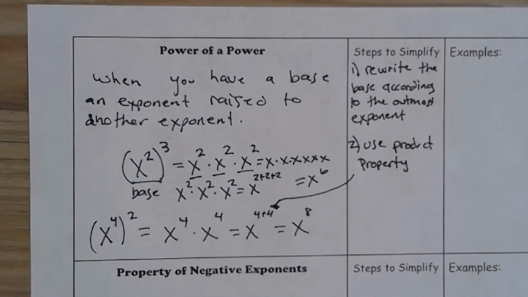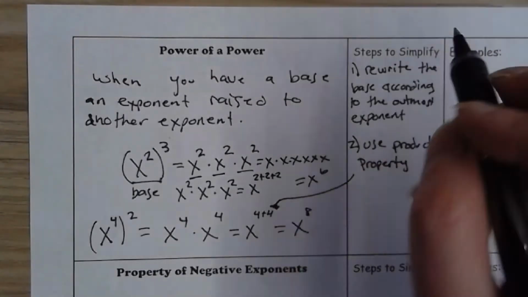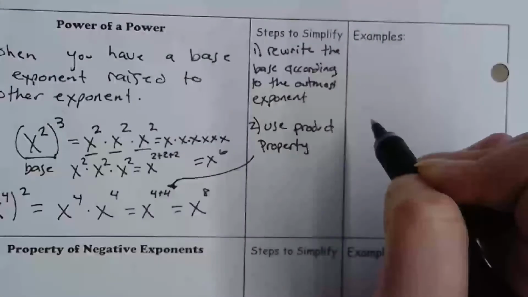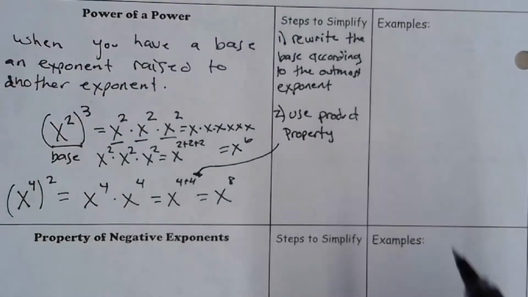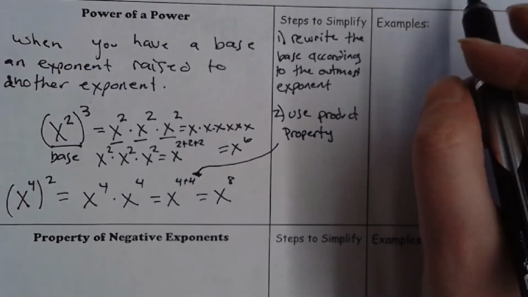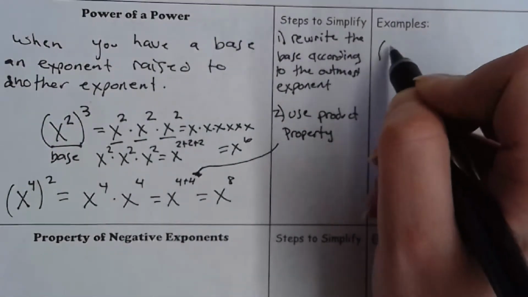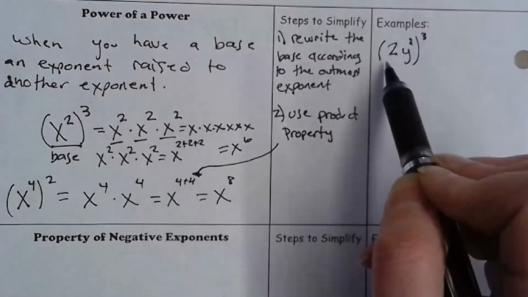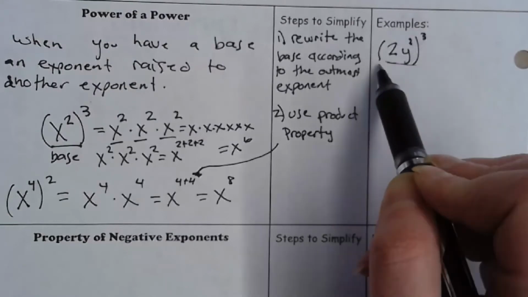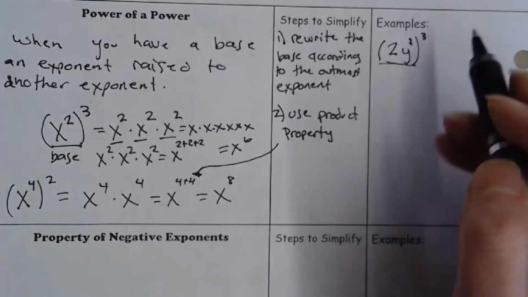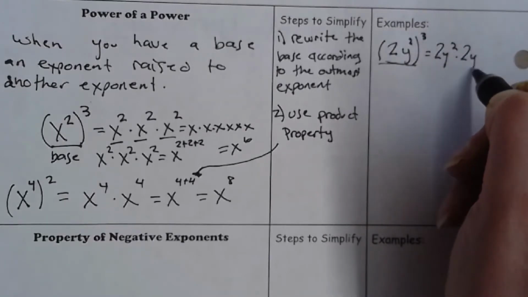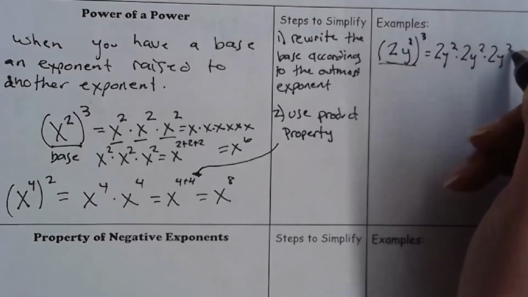And let's just do a few examples. So we've already got something basic. Let's go with something a little bit more challenging. And let me move this over. Okay, a little bit more challenging, not a whole lot, but if I had 2y squared cubed. So here I've got technically a base of 2y squared cubed. So that's 2y squared times 2y squared times 2y squared.